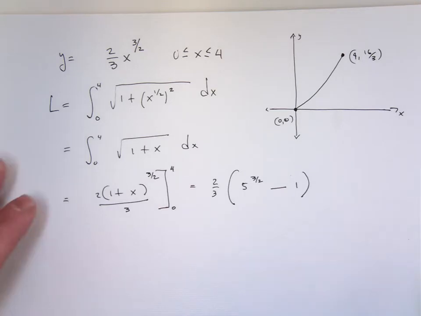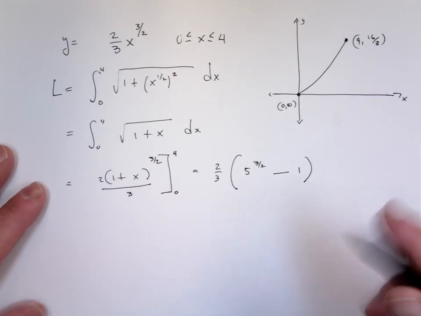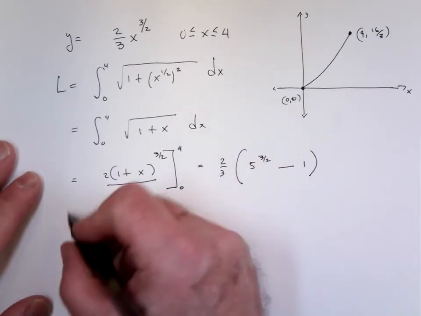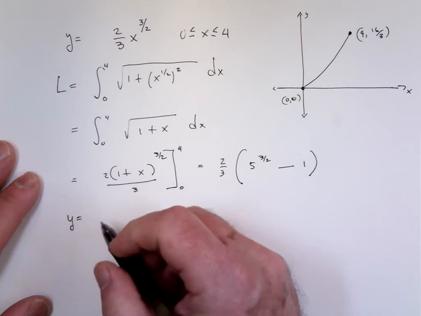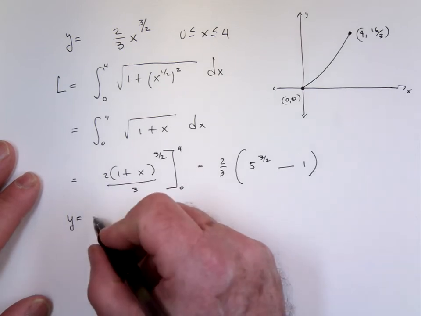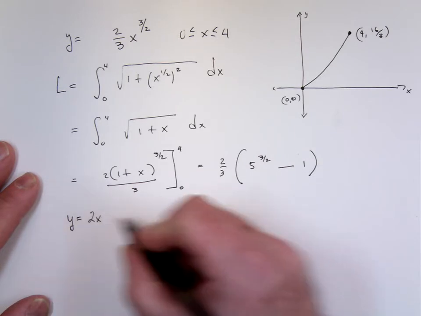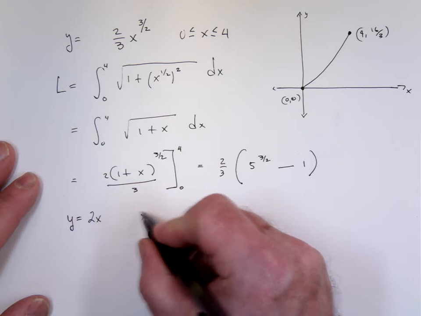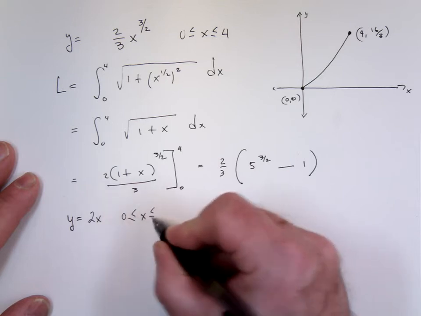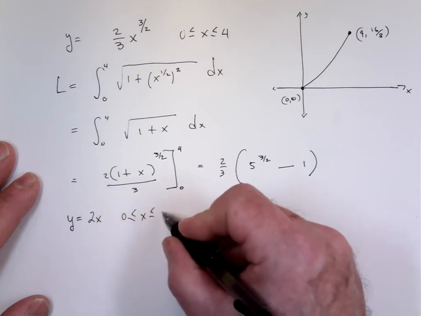Okay, let's do one here. Why don't you do this one? Let's say our function is y equals... What's that? Tan x. No, we're not going to do tan x. We're going to do 2x. Let's have x go from 0 to, say, 4 or 3. 0 to 3.